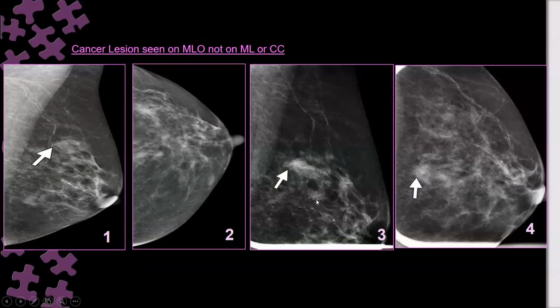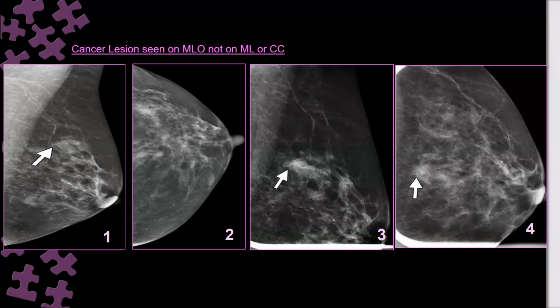What is the result of the spot magnification view? It better visualizes the asymmetrical area seen in MLO and not seen in CC view. How are you going to read this? Focal asymmetry, dense area.